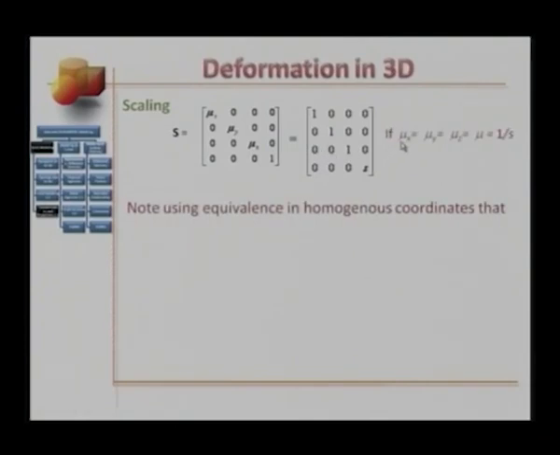When the scale factors mu x, mu y, and mu z are all equal, say, to mu, and mu equals 1 over S.